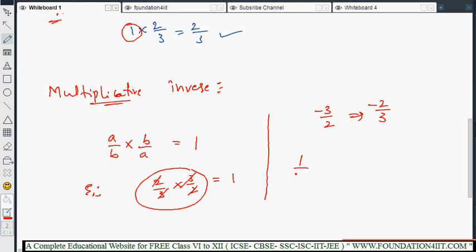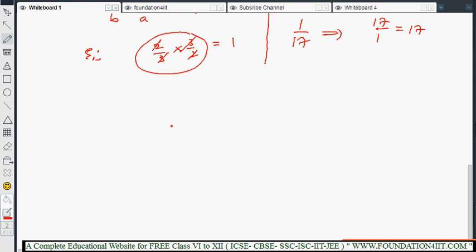If we take 1 by 17, the multiplicative inverse is 17 by 1, that is equal to 17 only. That means if we multiply 1 by 17 into 17, or 17 into 1 by 17, you'll get only 1. That's the reciprocal of 17. So 17 is the multiplicative inverse of 1 by 17.